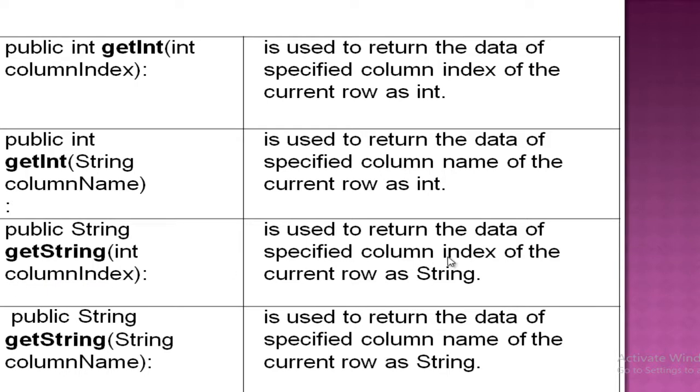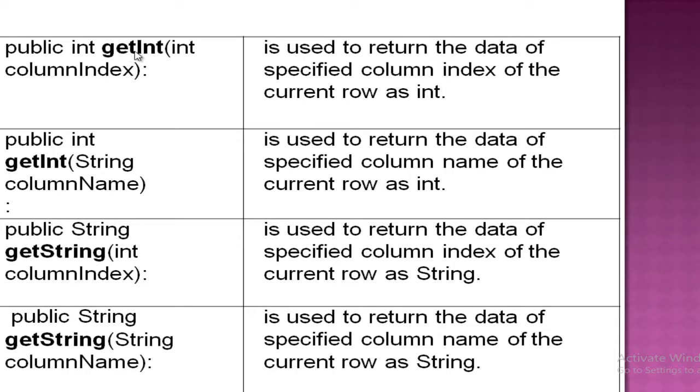So that is the specified column index of the current row as a string. Get string column name. So here you have to specify the column name of the current row as a string. Then you have to use the public string getString column name.